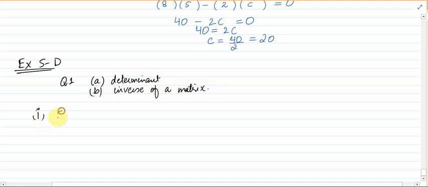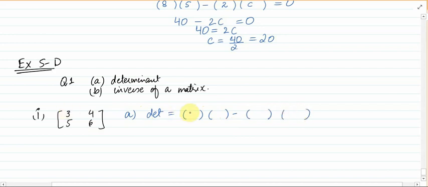So I'm going to start with part 1. Part 1 says [3, 4; 5, 6], right? Now you need to find the determinant first. We know that the working formula is AD minus BC.